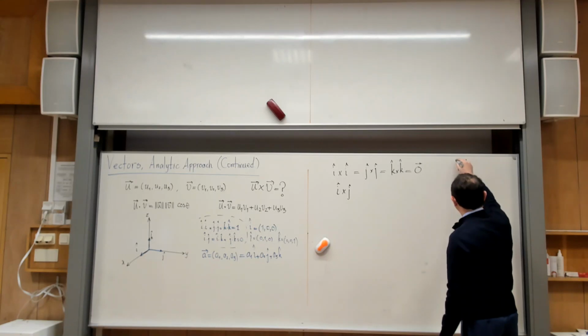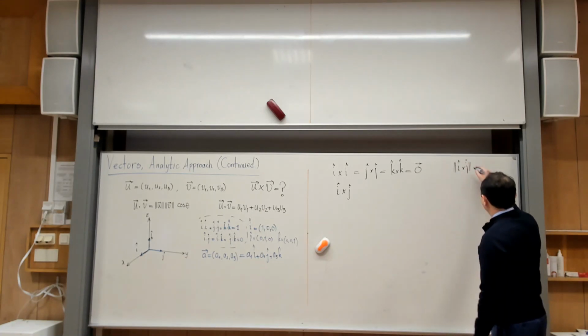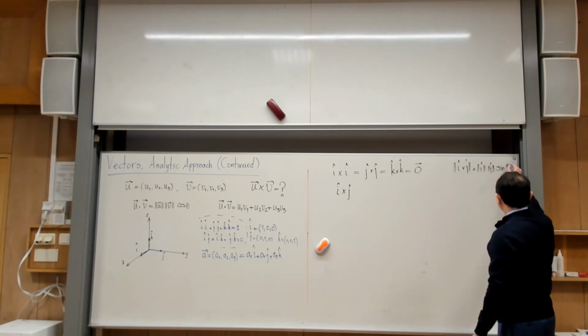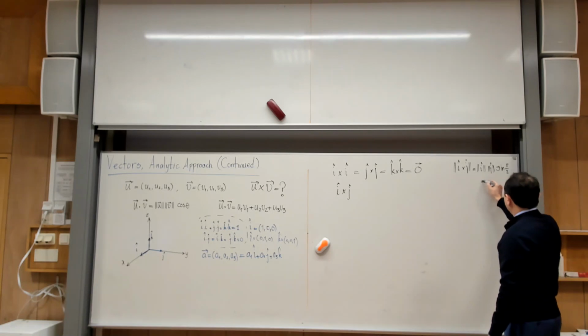So let me calculate the norm of this vector. Do you remember the norm of the cross product? It is the norm of the first vector times the norm of the second vector times the sine of the angle between i and j, but that angle is 90 degrees. The sine of 90 is 1, so the answer is 1.